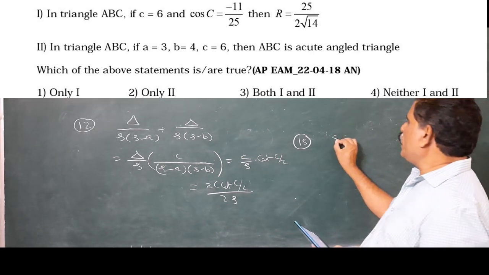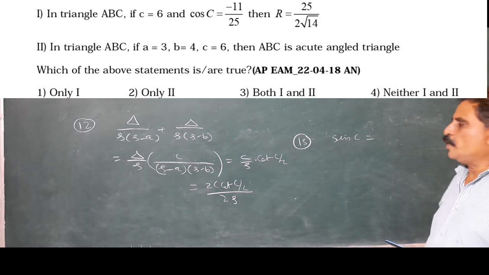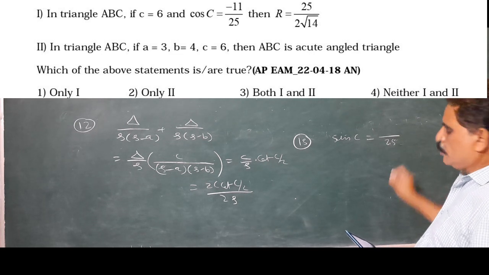From cos C you have to find sin C. Sin C is opposite by hypotenuse. Hypotenuse is 25.